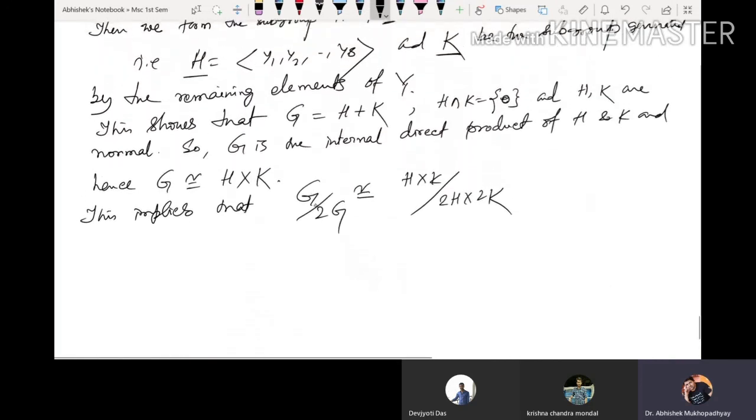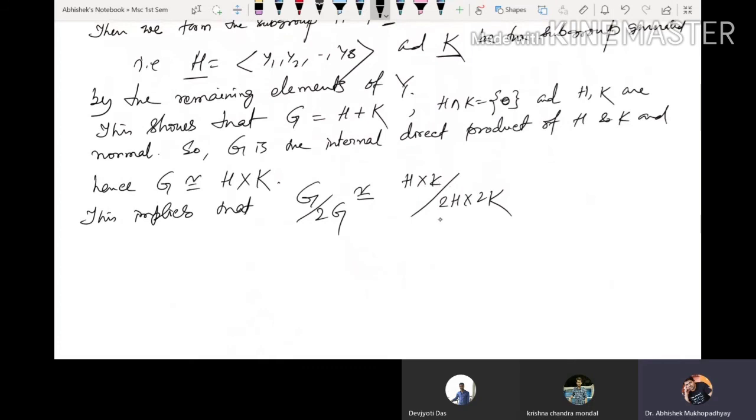We can say that G by 2G is isomorphic to H cross K by 2H cross 2K. That means it is also isomorphic to H by 2H cross K by 2K.